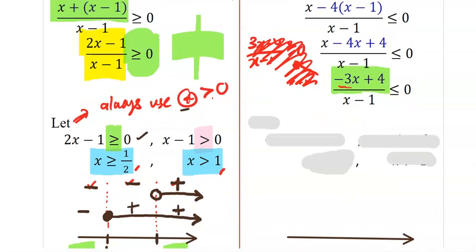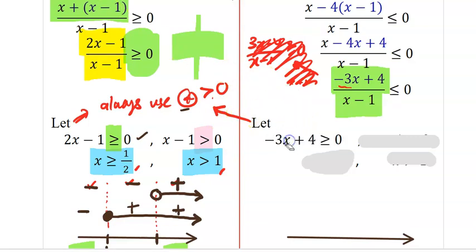So reaching here, for each of the linear factors that I highlighted in green, I'm going to start with an assumption to draw the number line. Once again, the assumption is always positive assumption, so it will always relate with greater than 0. So with that, I will have negative 3x plus 4 greater than or equal to 0, x minus 1 greater than 0.